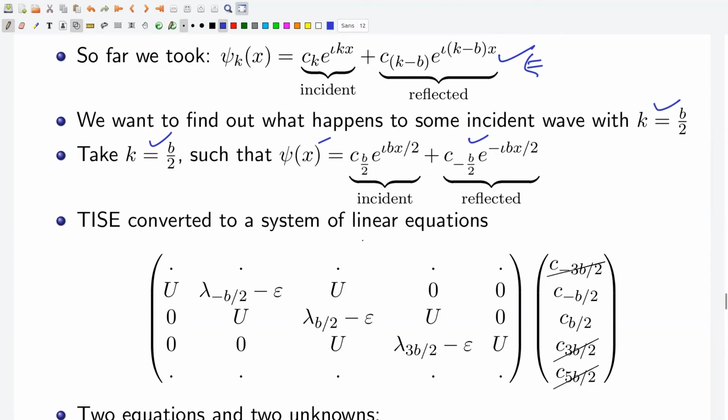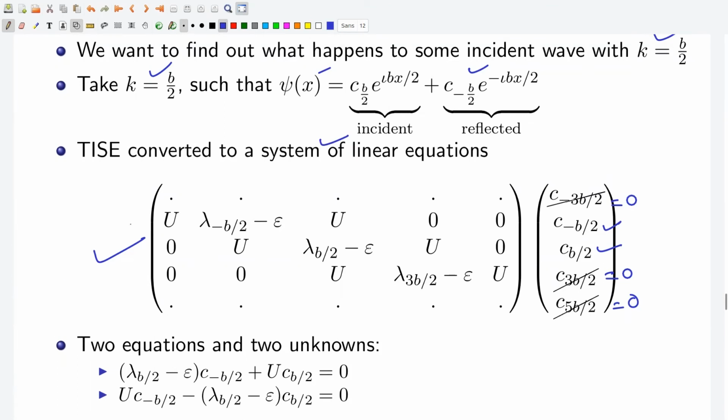The time independent Schrodinger equation is converted to a system of linear equations of this form. We set all the c's equal to 0 except for c minus b by 2 and c b by 2.